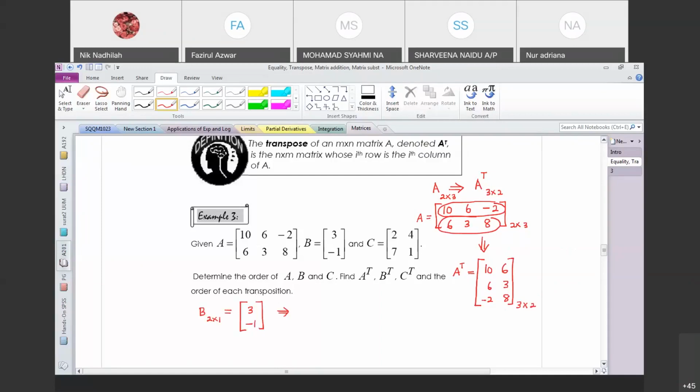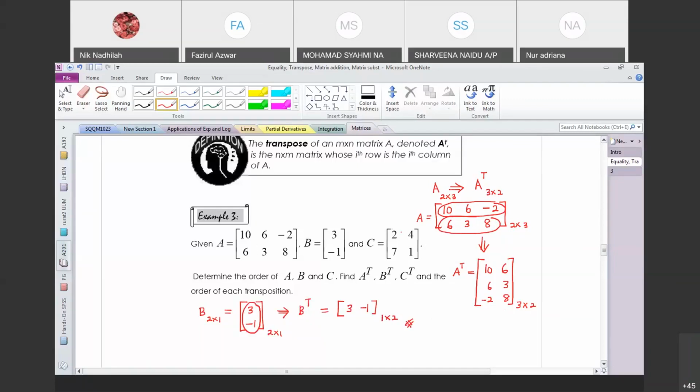When we transpose it, the column will now become the first row. As simple as that. From 2 by 1, it will become 1 by 2.